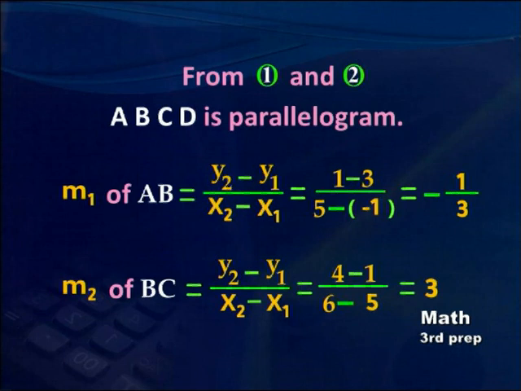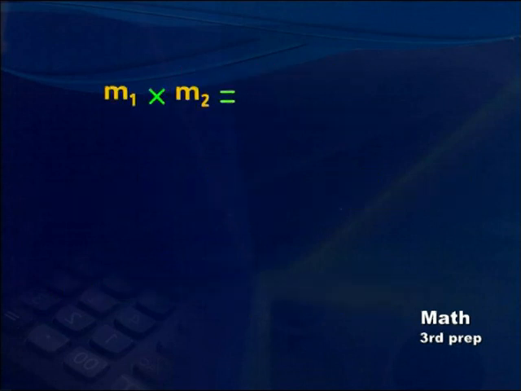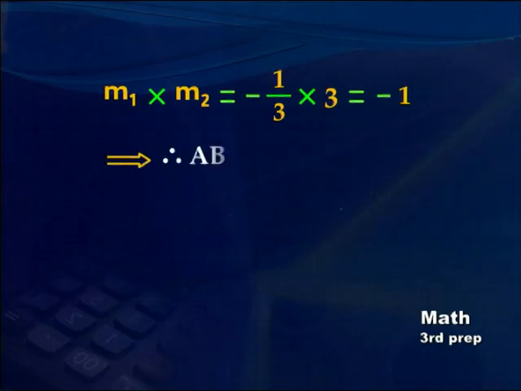Then you are going to notice that when multiplying M1 by M2, negative 1 over 3 times 3 gives negative 1. As the product of the slopes of the two straight lines equals negative 1, in this case we can say that AB is perpendicular to BC.